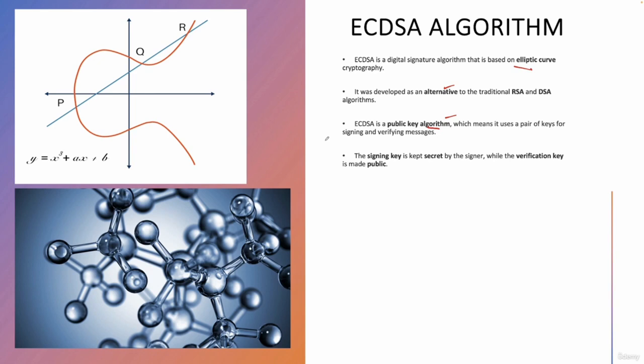So anybody can open that, but the message can't be tampered with, or if it is tampered with, you can easily come to know, right? This is where digital signatures come into the picture: you need to ensure that you are the person actually sending that information across. So it's very important: the signing key is kept secret and the verification key is public.